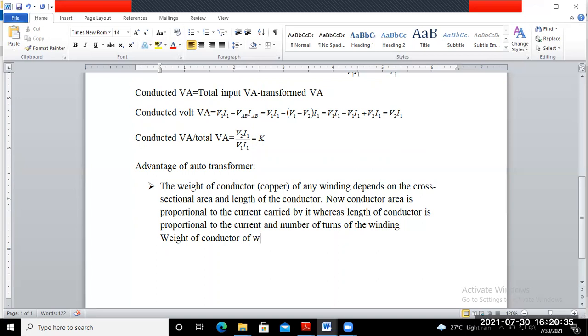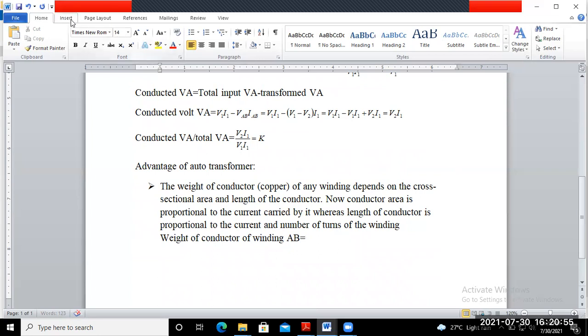The number of turns in AB is your N1 minus N2 and the current flowing is your I1.